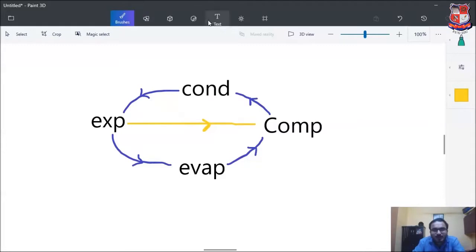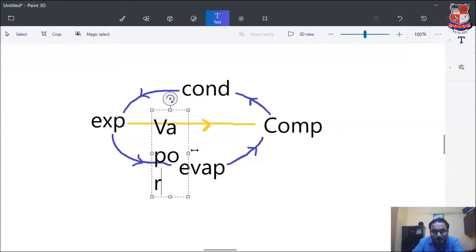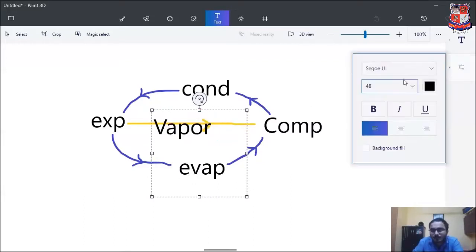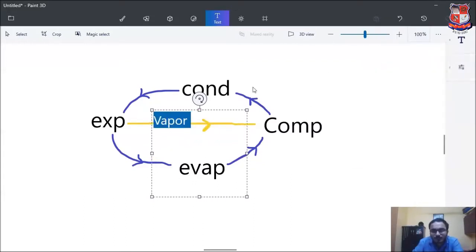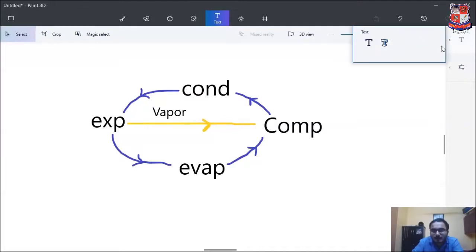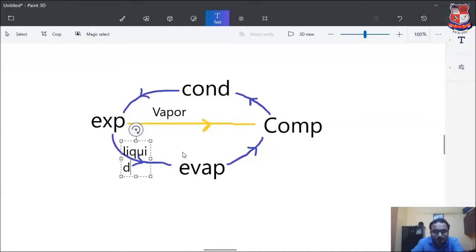In this case only vapor will go this way, this is the route for vapor, and towards the evaporator we will only have liquid.